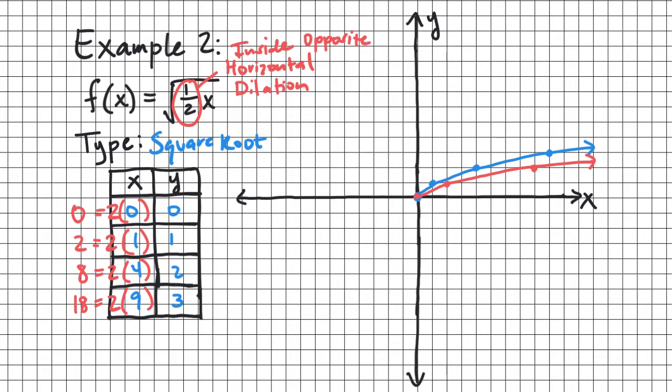If it says plus, we go to the left. If it says minus, we go to the right. It's the same idea here. So if I have a multiplication of a value inside, then we're going to do the opposite. Right? It's multiplying times 1/2. What's the opposite of 1/2? 2.